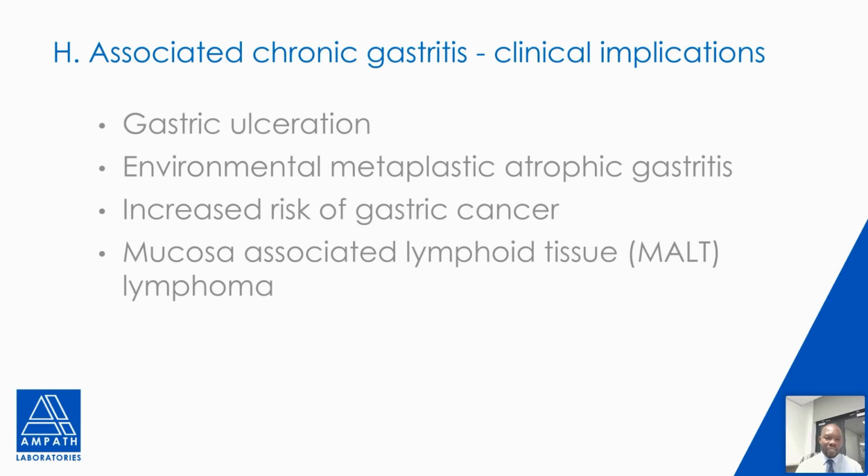This patient would be at an increased risk of developing gastric cancer later on after they have progressed to metaplastic atrophic gastritis. There's also a risk of these patients down the line developing a mucosa-associated lymphoid tissue lymphoma, so-called MALT lymphoma. So making this diagnosis and treating and eradicating Helicobacter pylori essentially means that you are minimizing to eliminating the possibilities of these complications arising later on for your patient.